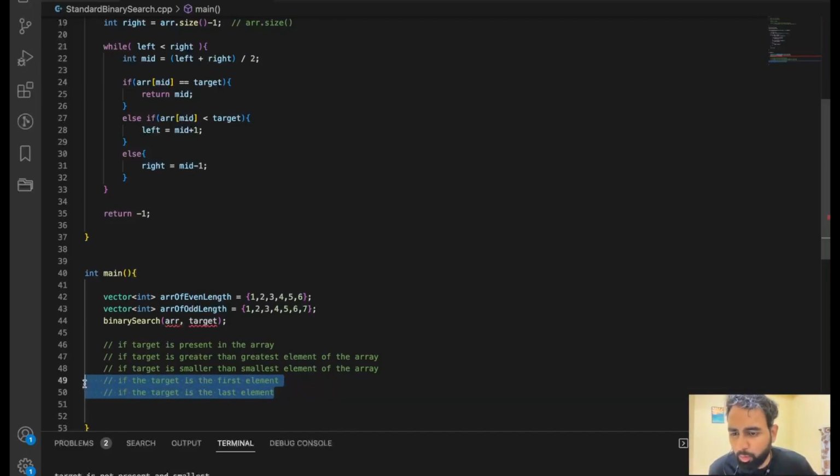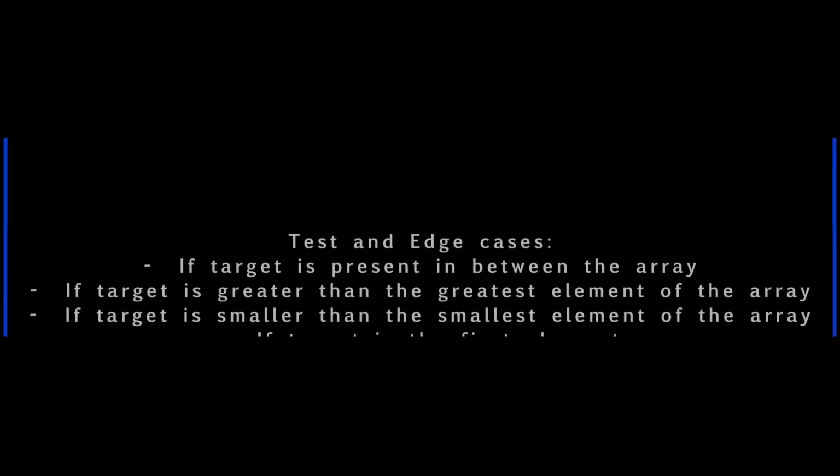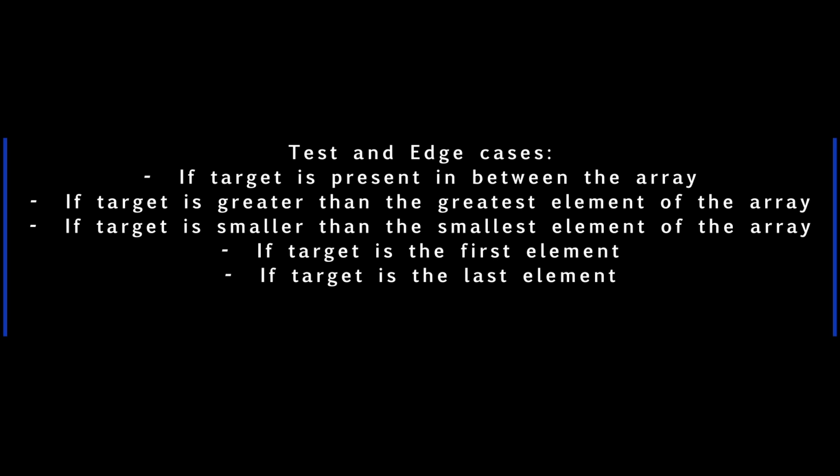This is also important. So many times what happens because of this left is less than equal to right, it gets stuck on the last element or the first element, and it changes its behavior, it changes the answer. So we need to check all these scenarios, and I can say this first scenario is if target is present in between the array somewhere, because we are already checking the first and the last element here. So let me write the cout statements for all these scenarios.